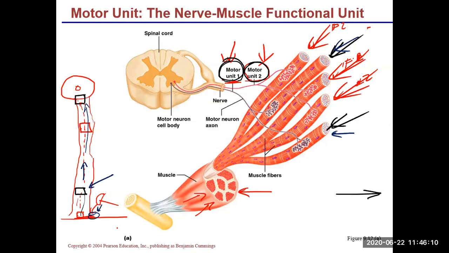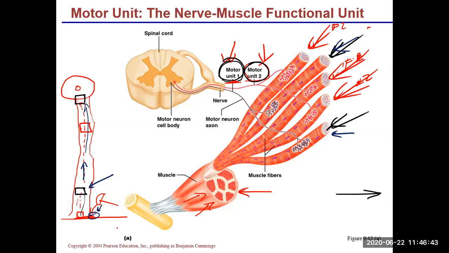So the concept is this: when you put a lot of muscles behind it, stimulating at the same time, then what happens to your muscle? Your muscle is going to grow bigger, stronger. So you're doing it every day, you're even stronger than some other individuals and so on. So that is really important to understand, the idea of the motor unit.